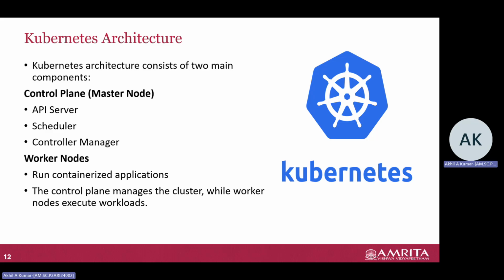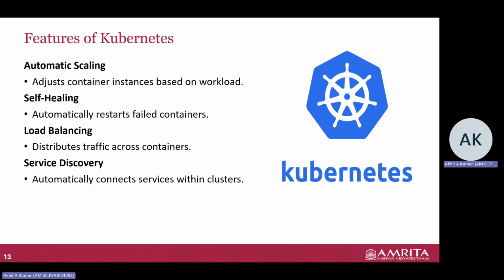That is basically called load balancing. The fourth feature is service discovery. Kubernetes automatically connects services within the cluster. So these features make Kubernetes highly reliable for managing large-scale applications.